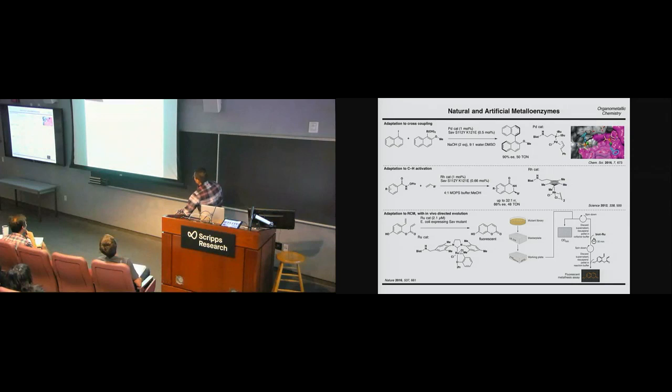And then I think more recently they were able to adapt this platform for ring closing metathesis. And I think the one breakthrough that they were able to achieve here is that they were able to also couple it with in vivo directed evolution to improve the properties of the enzyme.